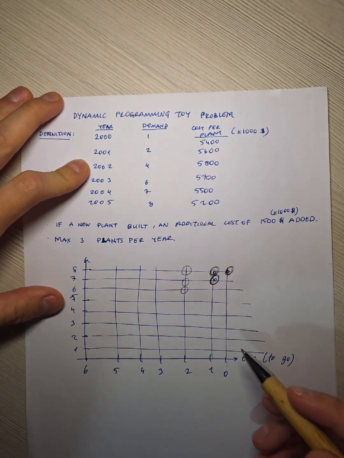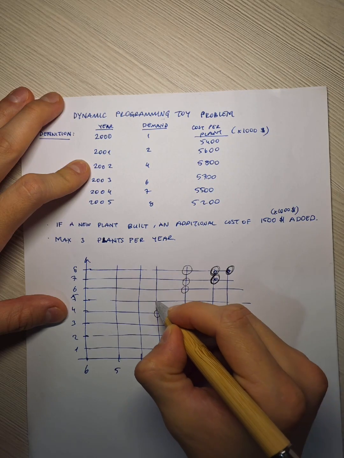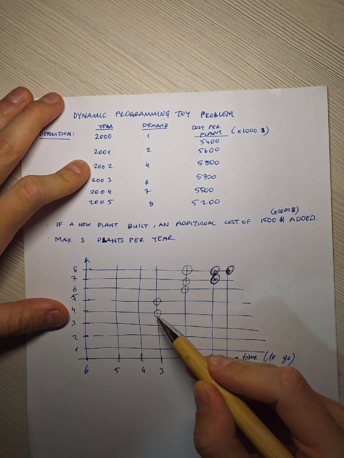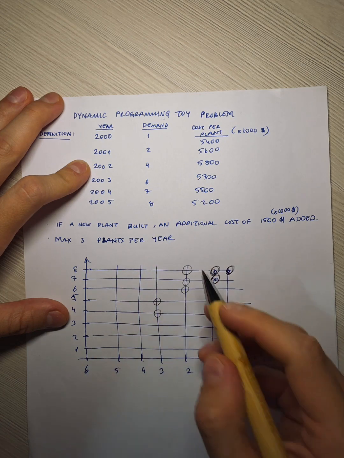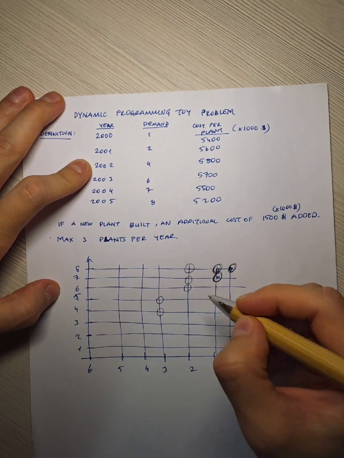Three years earlier, we need at least 4. So we should have at least 4. This is why I'm not putting any notes below. This is the demand. We will also use the maximum 3 plants per year constraint.